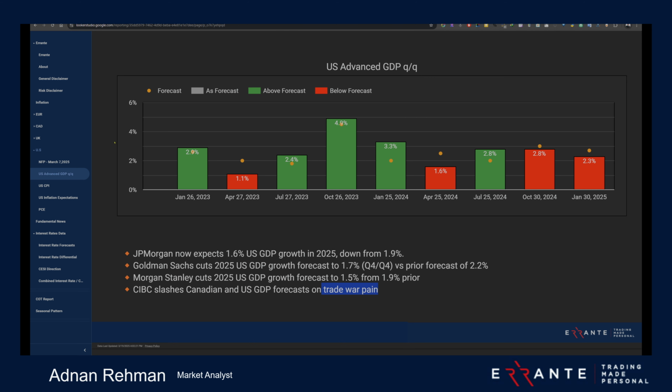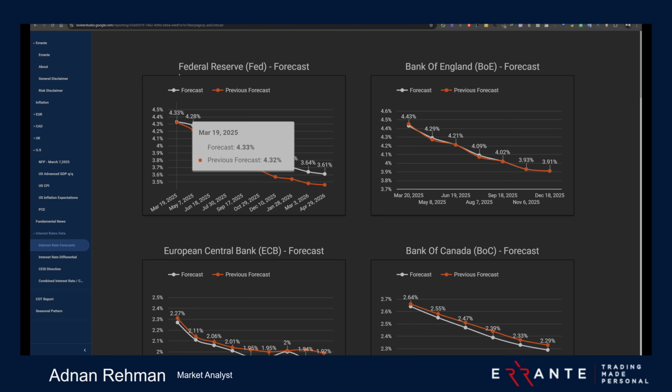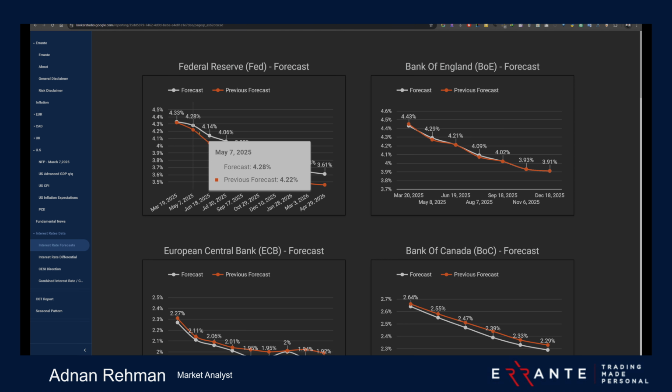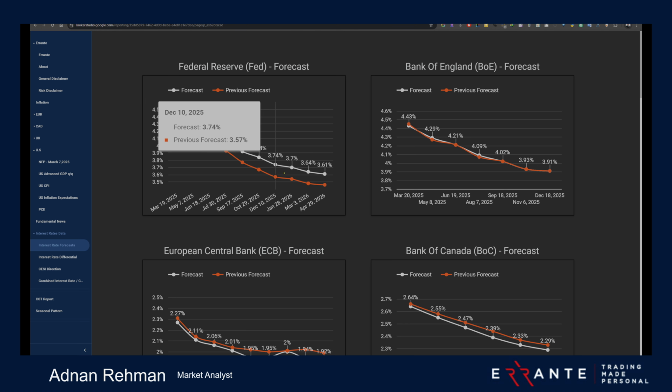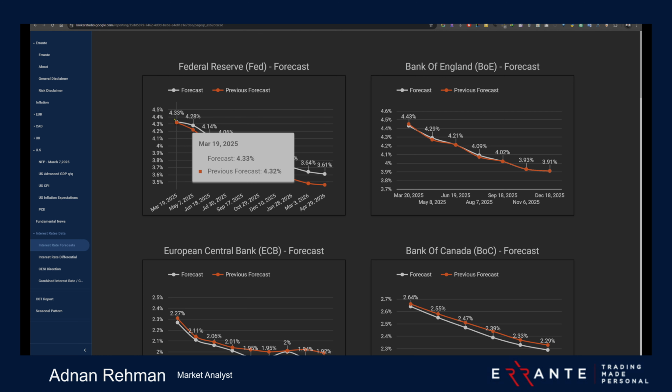Now, when we come to the rate cut expectations, let's see what the interest rate market is telling us. This is the Federal Reserve forecast, and we know there is a downward trajectory in the forecast. Now it's roundabout 4.33%, and it will go to something like 3.61 or 3.9%.